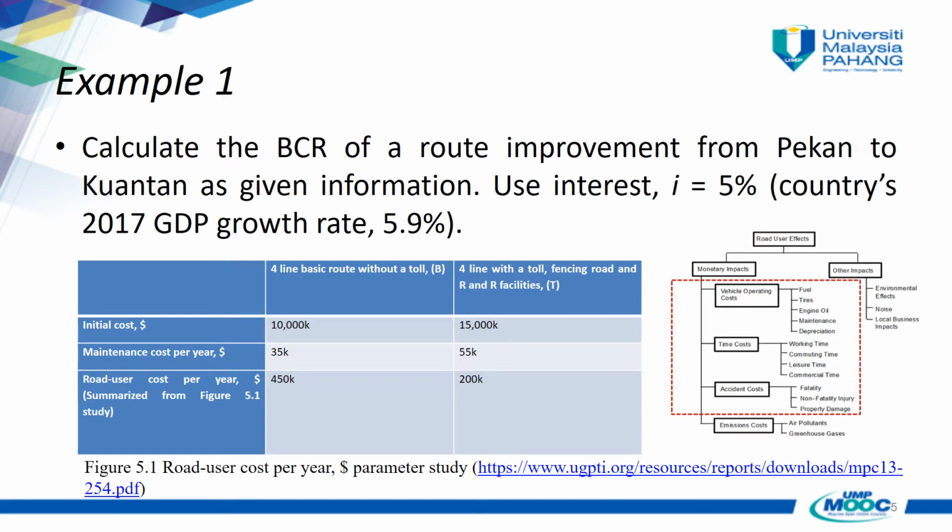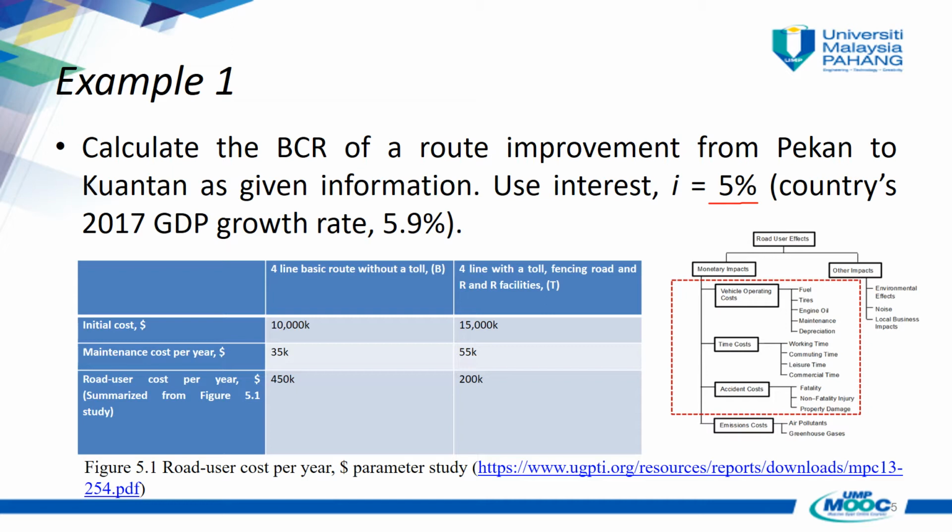Okay, let's see the first example of BCR calculation. Calculate the BCR of a road improvement from Pekan to Kuantan at Pahang as given information. Use interest of 5% because our country's GDP growth rate in 2017 is 5.9. So we use 5%.